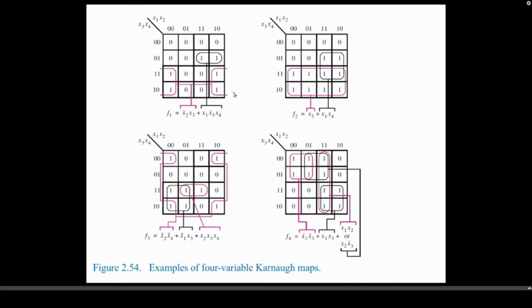I can group these ones with these ones, 2 together, 4 together, 8 together. I can do a 4, 4, and I can do 4 on the bottom here. A common mistake students make is they group 4 and then they just group 2. Remember, the more ones you include, in powers of 2, the fewer terms you have and the simpler your equation is. And it's fine, you can reuse terms, and you get something like this.